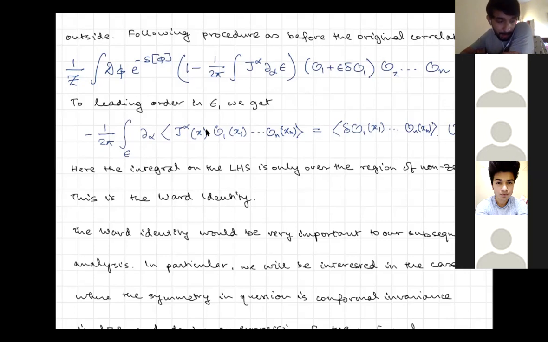See, what has happened is that when you are looking to exponentiate, you need to make sure that the generators you want to exponentiate are well defined throughout the manifold. So the only part that you can actually exponentiate to get the group is the part which is L0 and L plus minus 1.